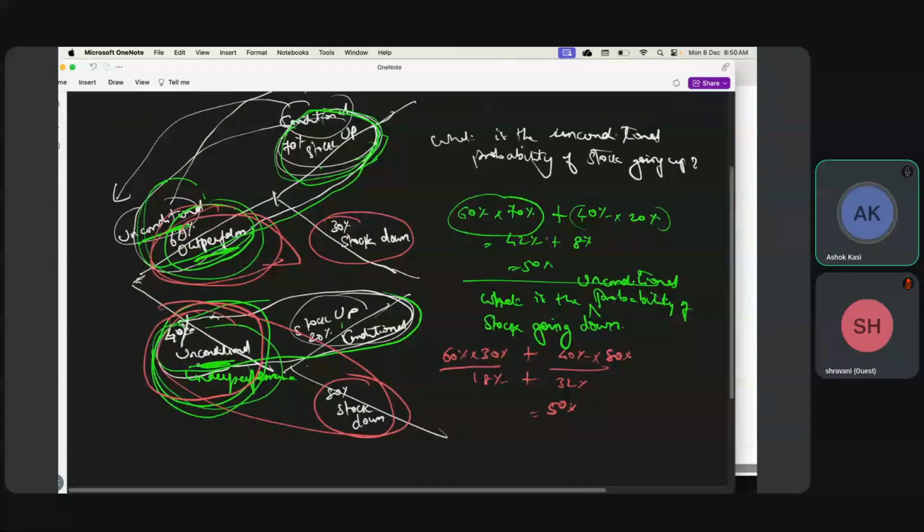We could have found out here itself that the unconditional probability of the stock going up is 50, so the unconditional probability of the stock going down is the remaining 50. But that remaining 50 we have found out this way.